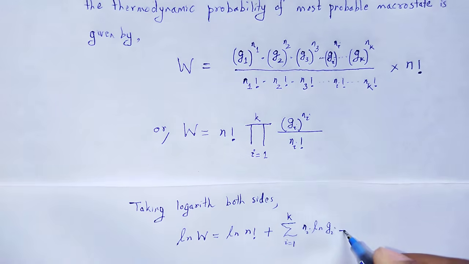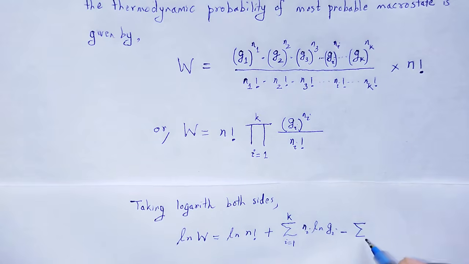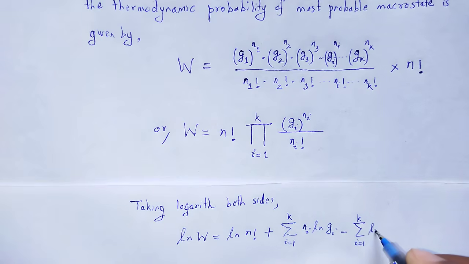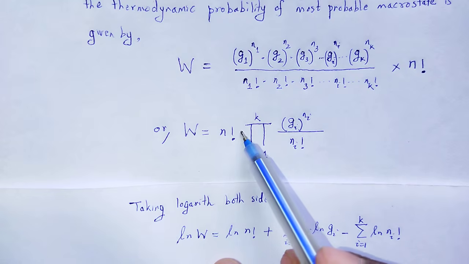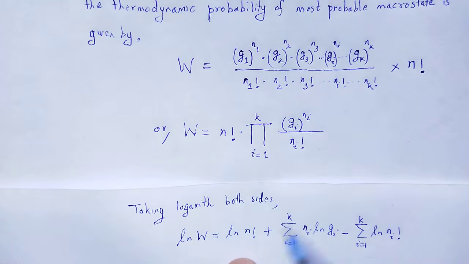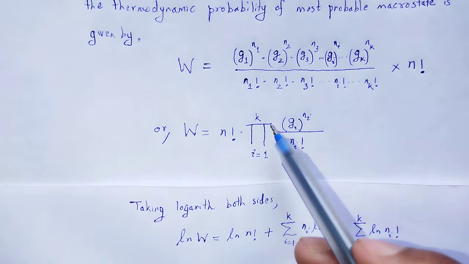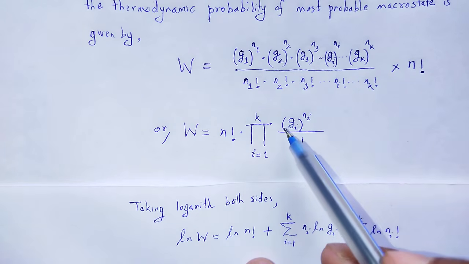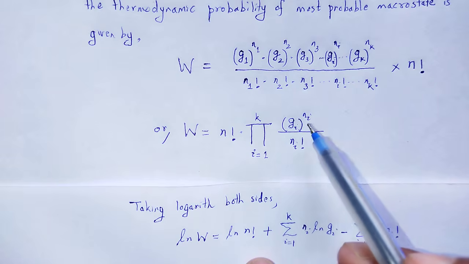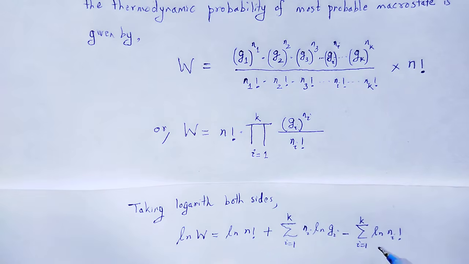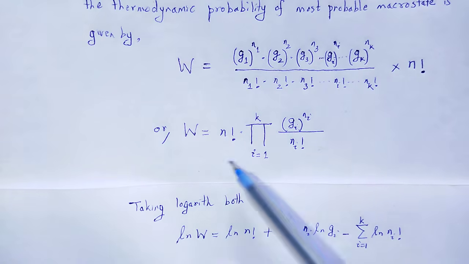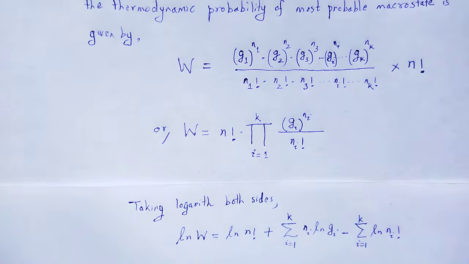Next minus summation over i equal to 1 to k ln Ni factorial. So first ln AB is ln A plus ln B, next ln of A by B is ln A minus ln B, ln of A to the power n is n ln A. These logarithm formulas are used to evaluate such terms.